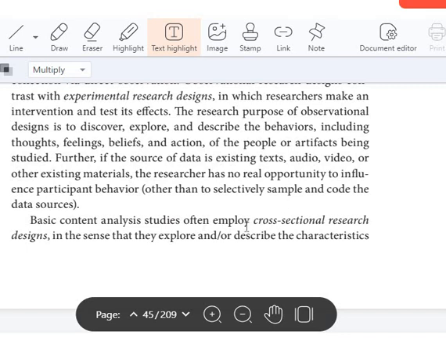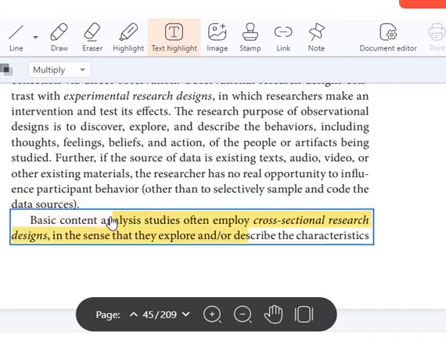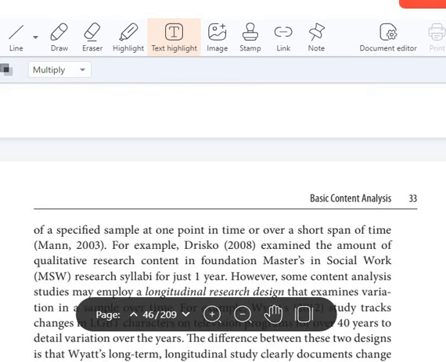Another thing to know is that the basic content analysis uses exploratory and cross-sectional research designs. What do you mean by cross-sectional? Cross-sectional means studies that describe or explore the characteristics of a specified sample at one point in time or over a short span of time.